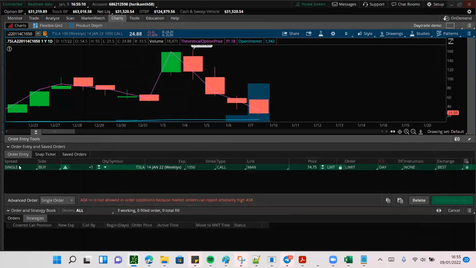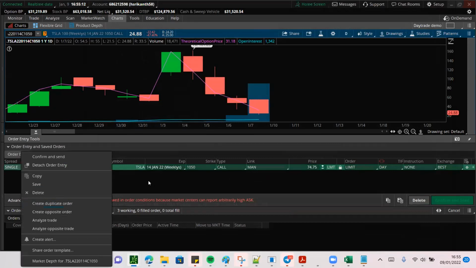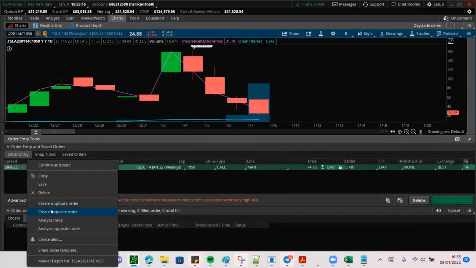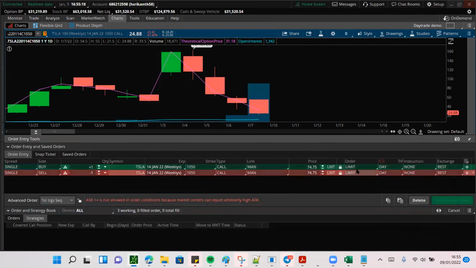And again, immediately you can just create your first trigger sequence and create an opposite order, and you can keep a stop order right here. So I'll change it to market order, this one, and I'll just place it.